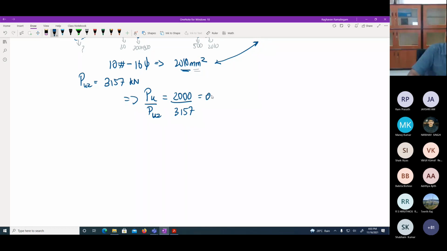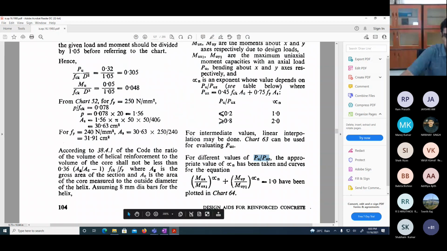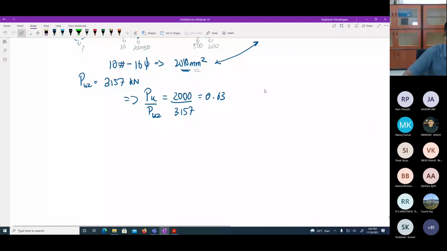0.633. 0.63. Okay, so this is the ratio. This is the interpolation value. If it's less than 0.2, it's 1. If it's greater than 0.8, it's 2. So it's going to be somewhere in between, and you can interpolate it.